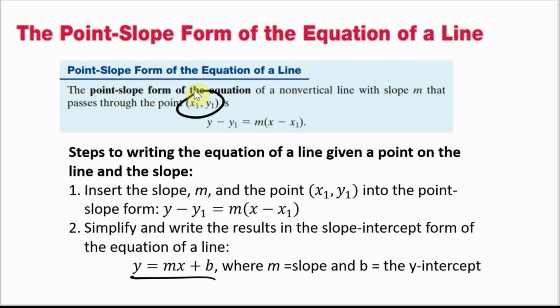So we say that this point is going to be a fixed point. And when you see y and x, or x comma y written like that, they stay as variables.